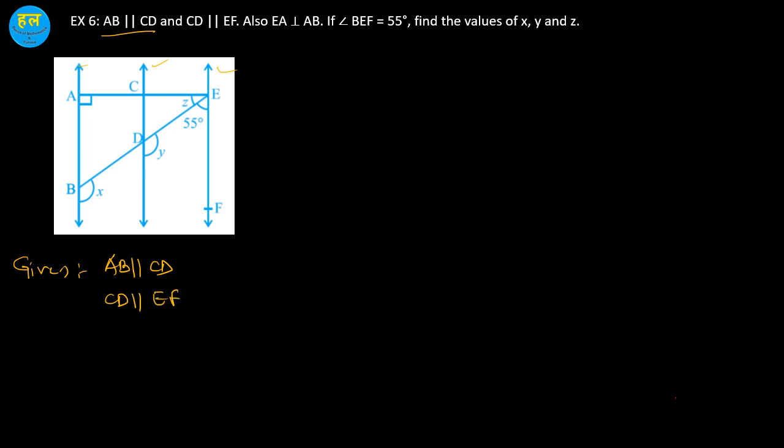What else is given? EA is perpendicular to AB. If angle BEF is equal to 55 degrees, that means this angle is 55 degrees.